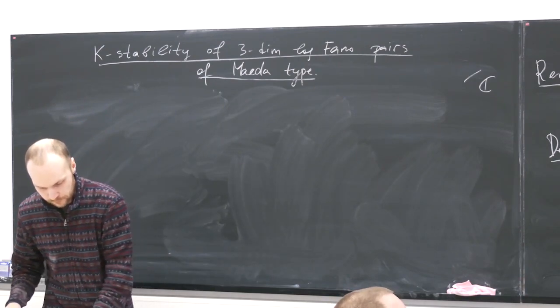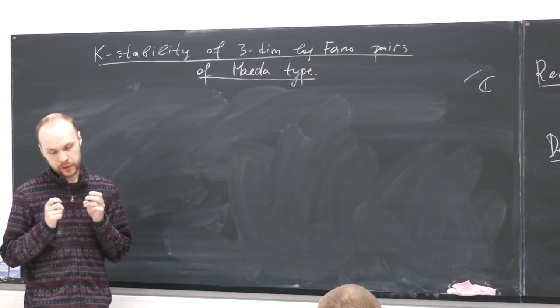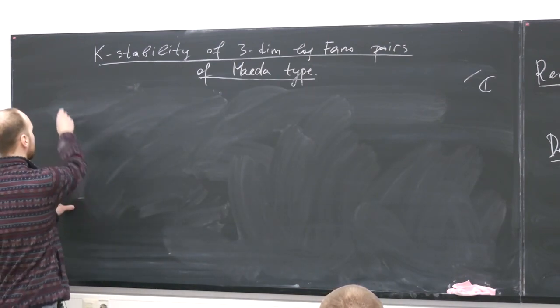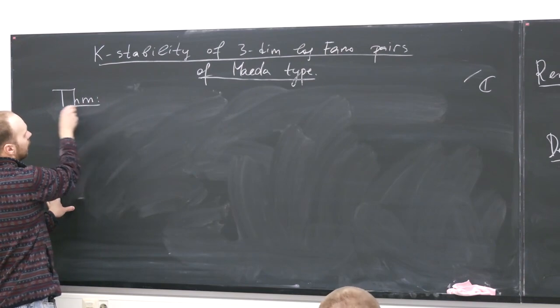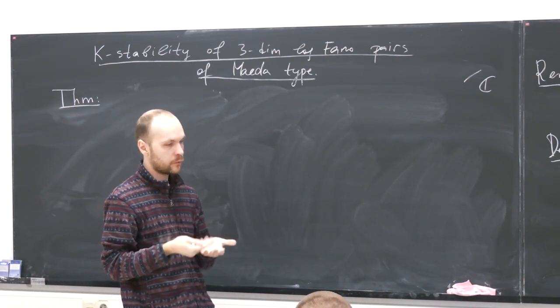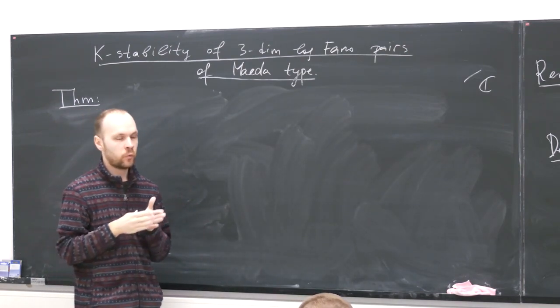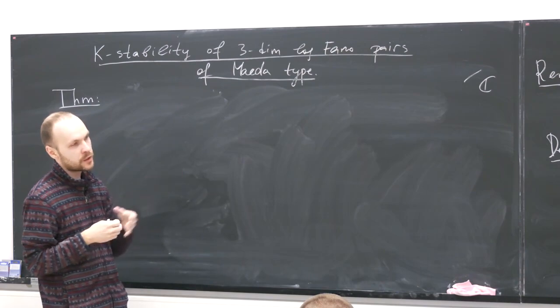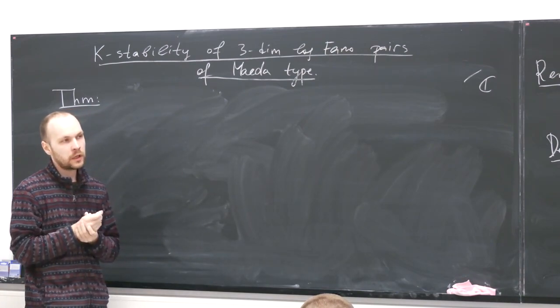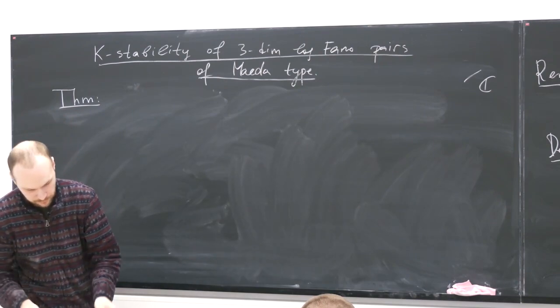Okay. Now I can formulate the main result. So, theorem. In this result, I will use the word K-stable. I have not defined what it is, but let me first state the result, and then later I will give some definitions on K-stability. But first, the main result.